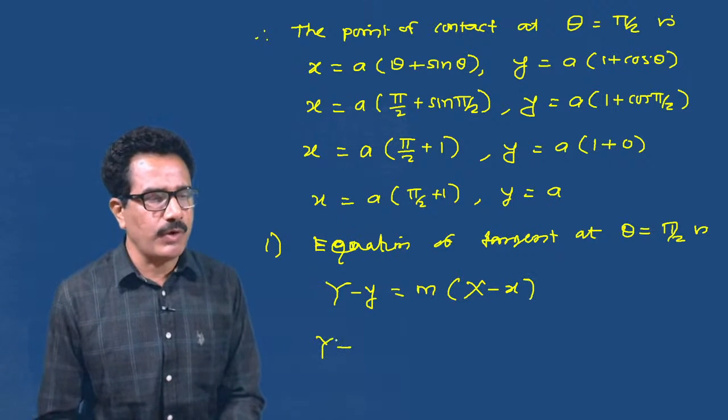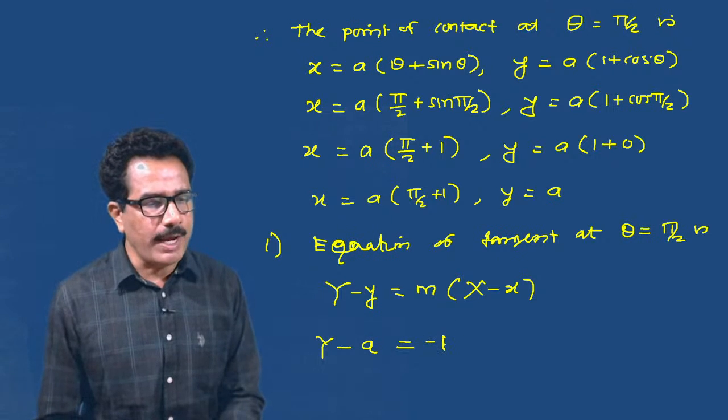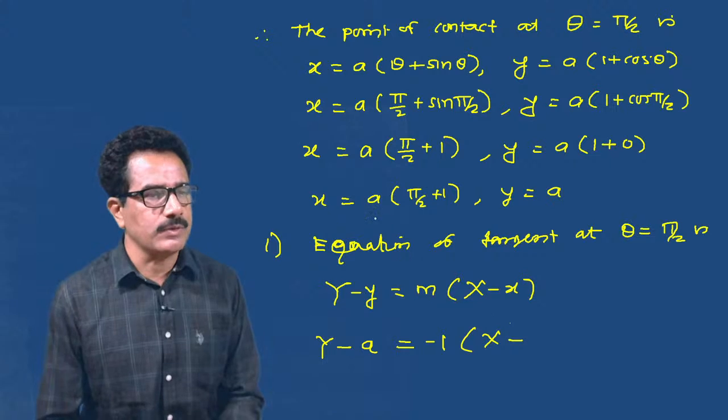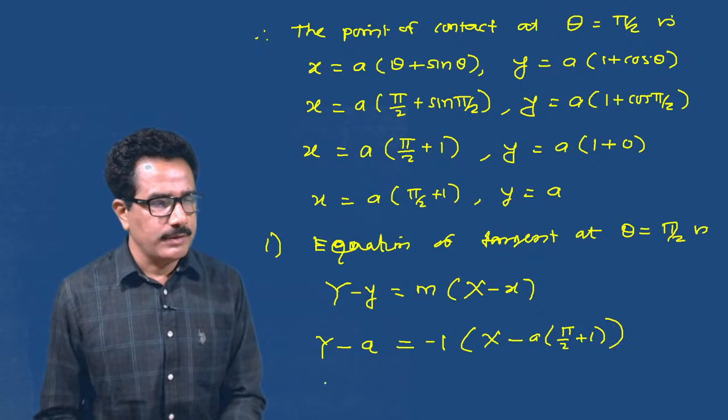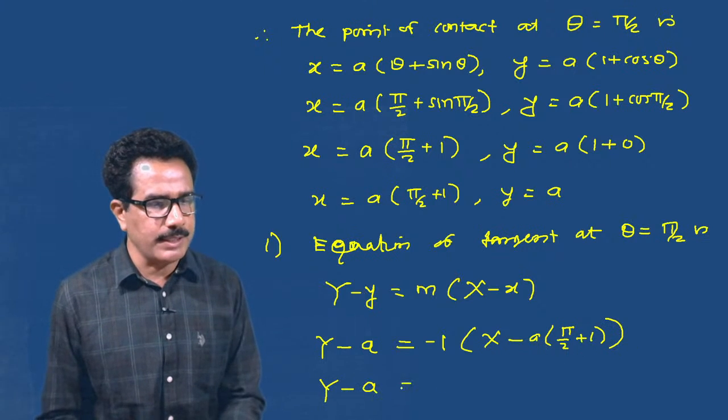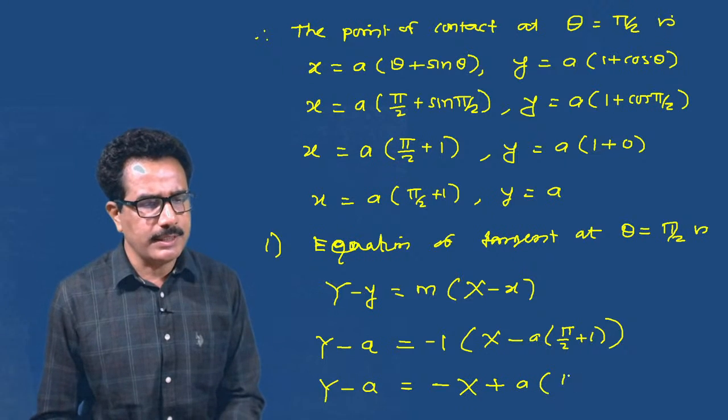Capital Y minus small y means we consider it as small a. The value of m is minus 1, and the value of small x is a in a bracket pi by 2 plus 1. So, capital Y minus a is equals to minus X plus a in a bracket pi by 2 plus 1.